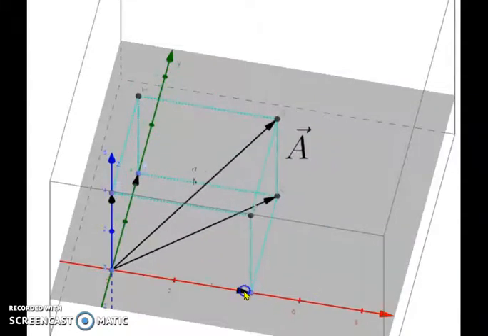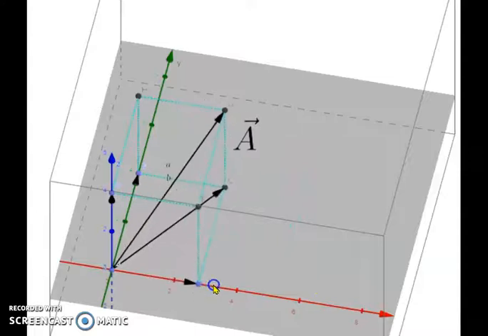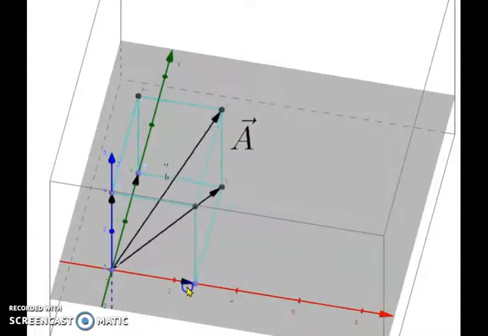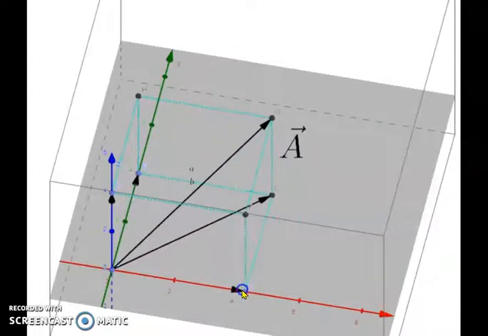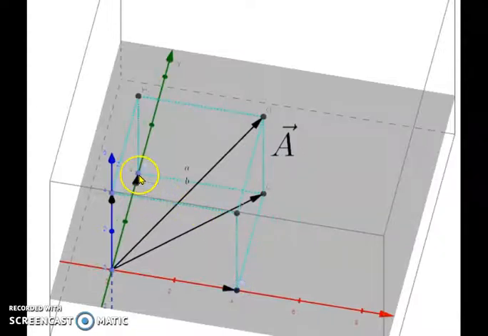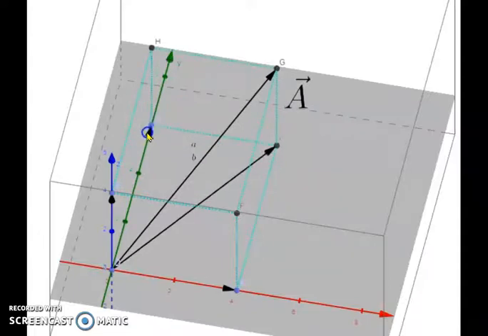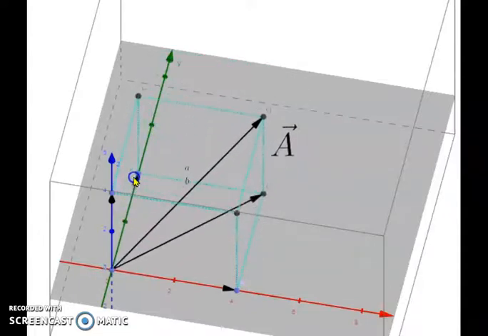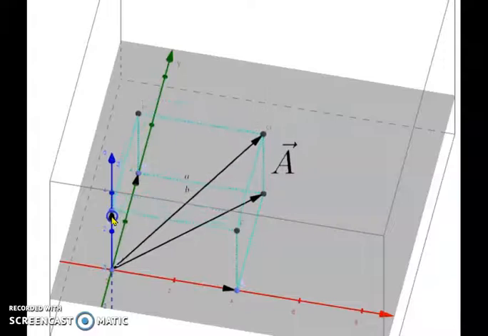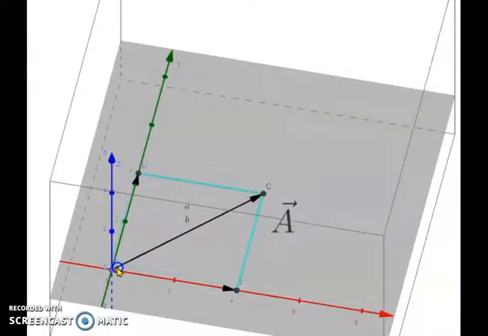Ito naman is moving forward and backward on the x-axis, the x component. For the y component, it is also moving forward and backward. So if z is 0, that is just parang a vector on the xy plane.